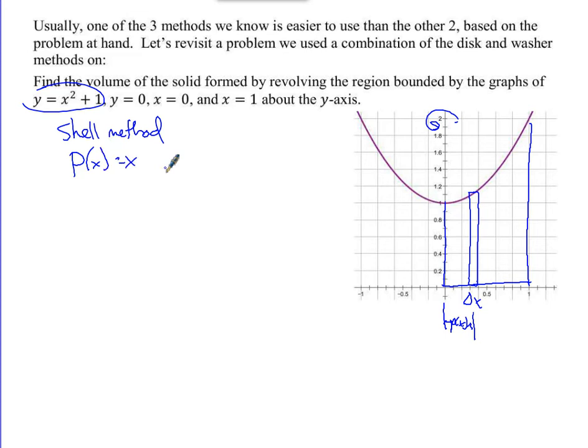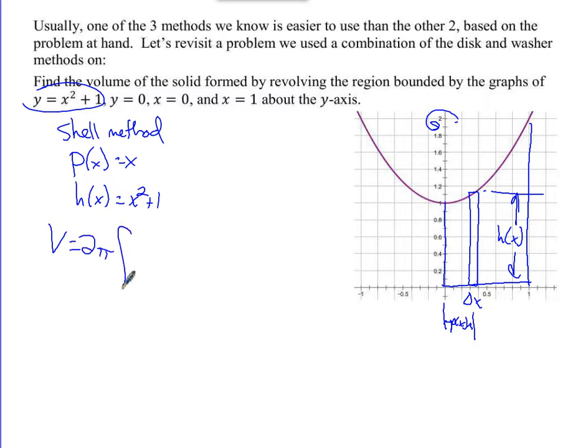Okay, so then my other function that I need is the h of x, which is the height of the representative rectangle, which is going to be what? It's just the function. Okay, now what? V equals. Yep.